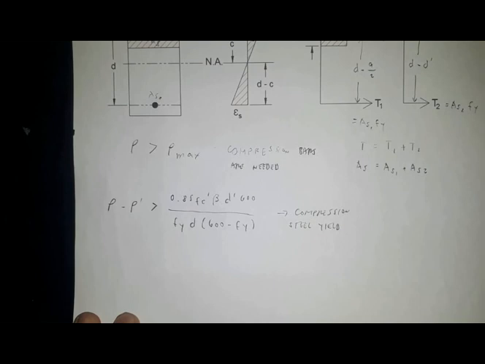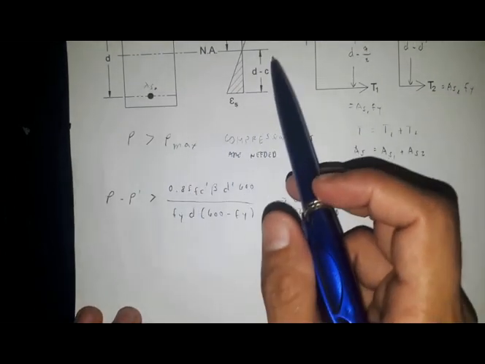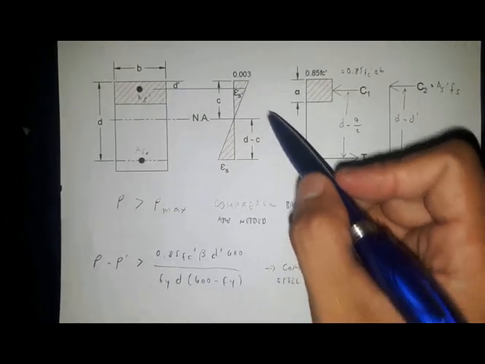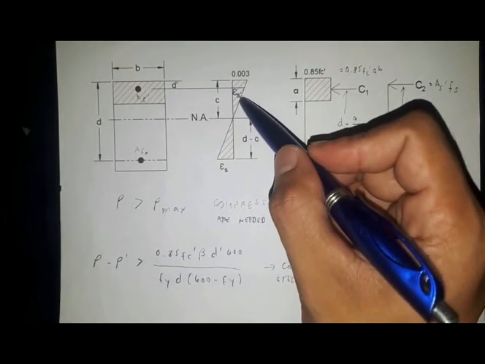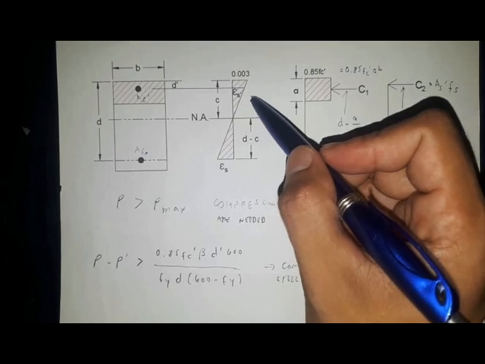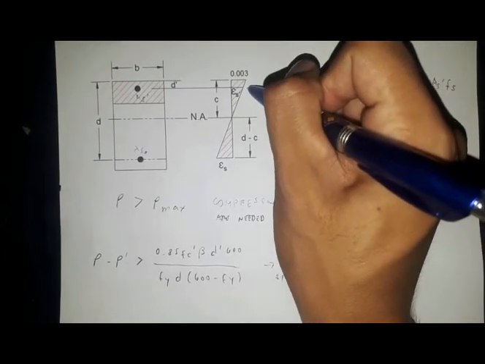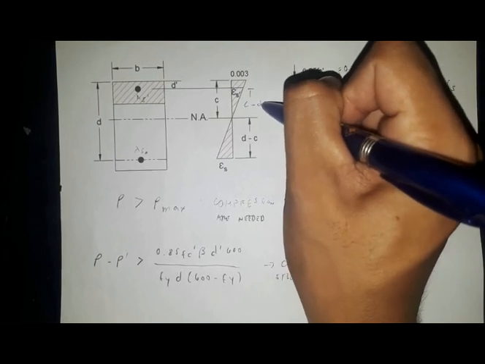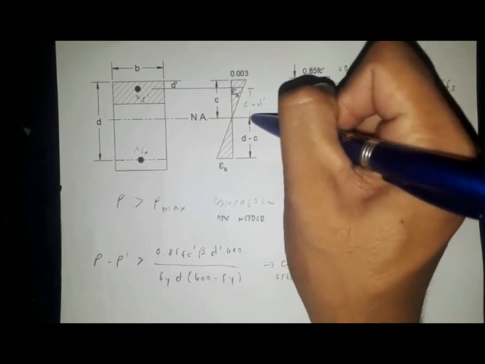So, we also have another condition that can be satisfied, through the strain diagram. If this is C, this is the strain of the compression steel, so this is C minus D prime.